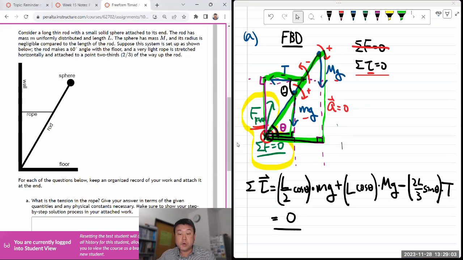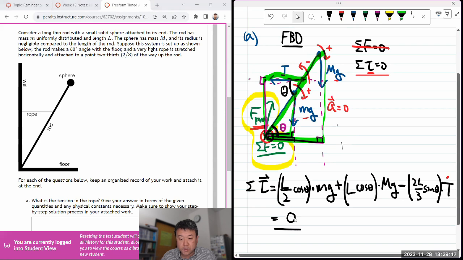So, okay, I have one equation, and I think I'm correct in saying that the tension is the only unknown here. So let me just solve for tension. I think the quickest way to do it is to move this term over to the other side, that's 0, and multiply through by 3 over 2L times the sine theta.